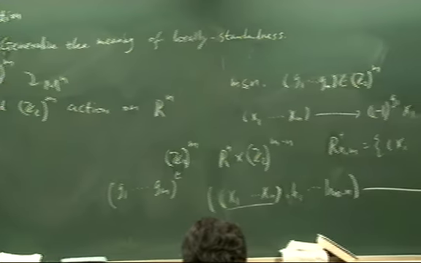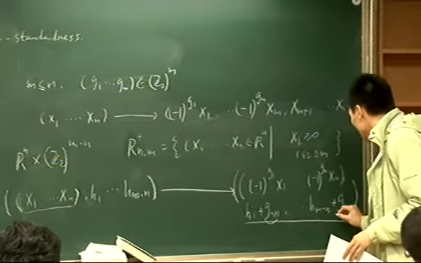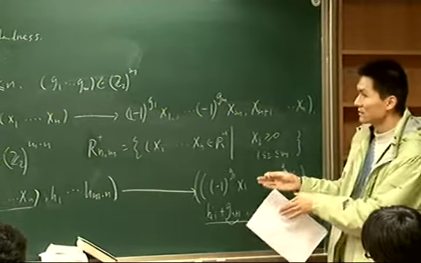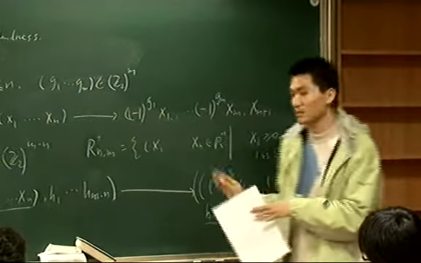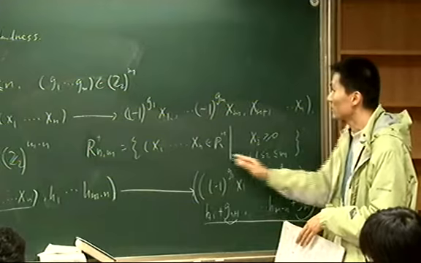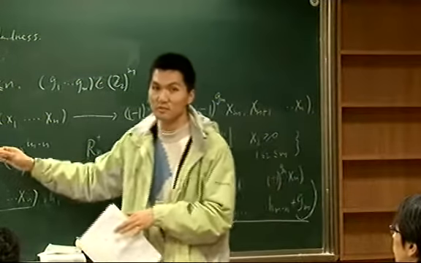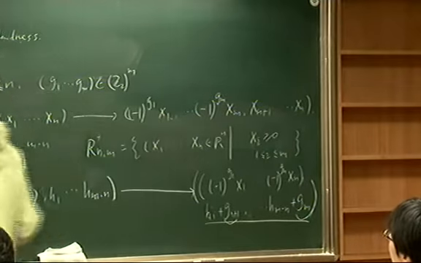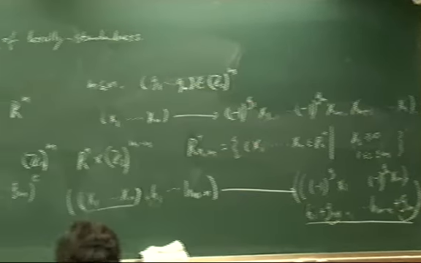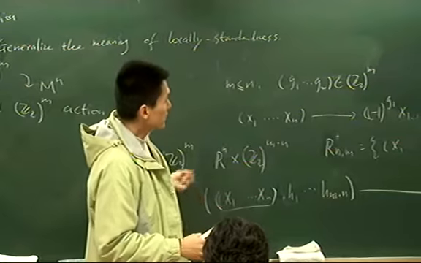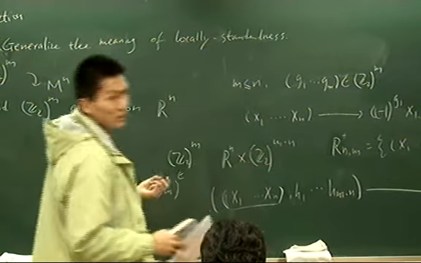So that's the meaning: the last m minus n elements will just permute these 2 to the m minus n copies of Rn, and the first n components will just, as before, be the reflection of the Rn. Okay.